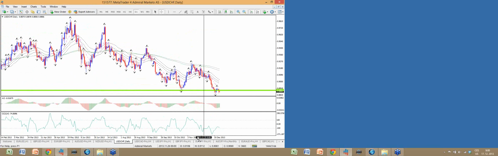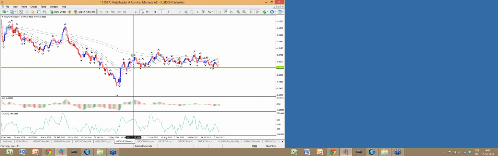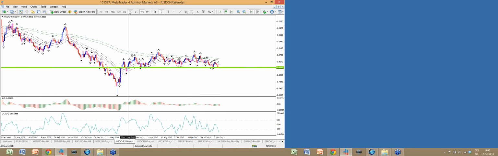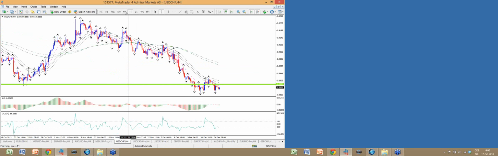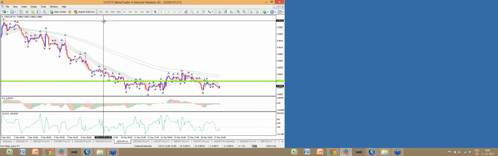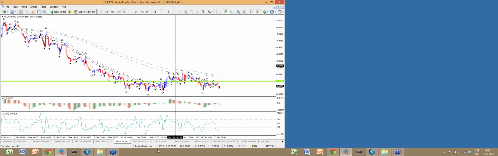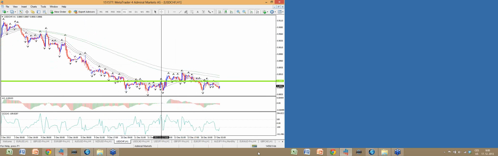So let's take a look at the weekly. Not too fond of the Swissy at the moment. The Swissy itself really not moving too much. It's quite the consolidating phase.